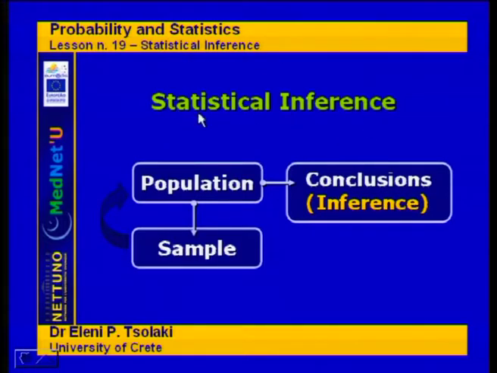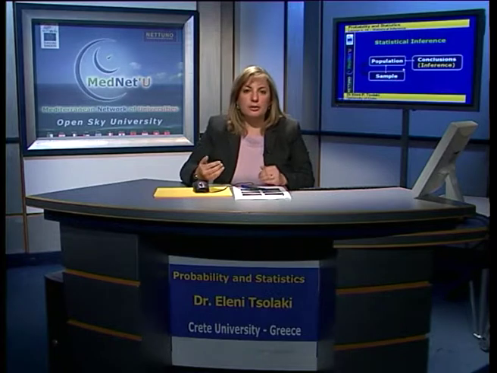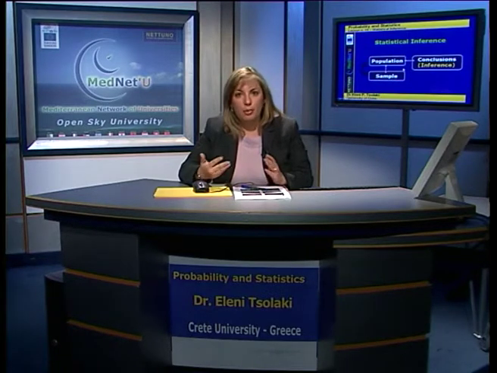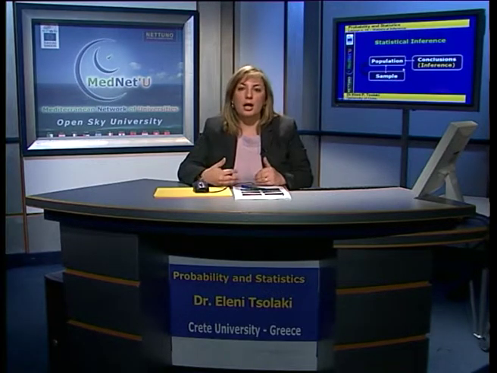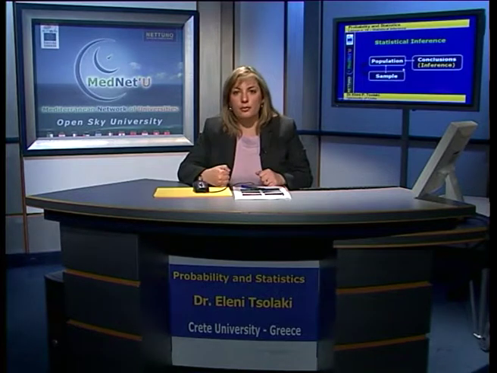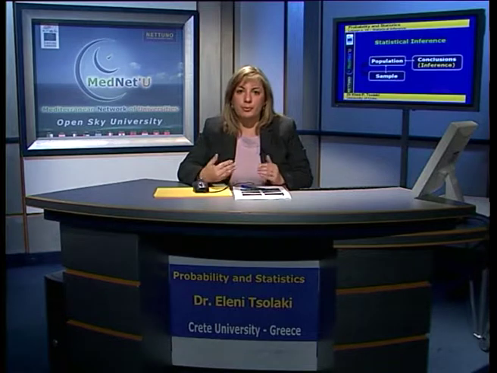Now, we are going to talk in general about statistical inference, what it is about. We said that we have a population for which we want to draw some conclusions. That's the inference. Now, of course, it is very difficult or sometimes not possible to know everything about the population, to collect data from all the population.